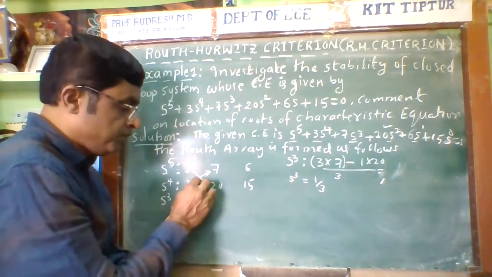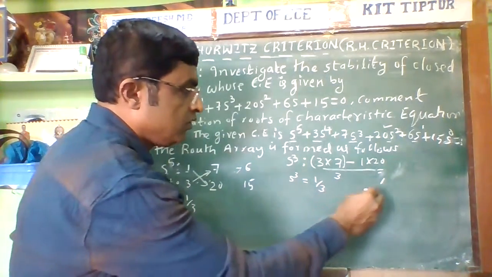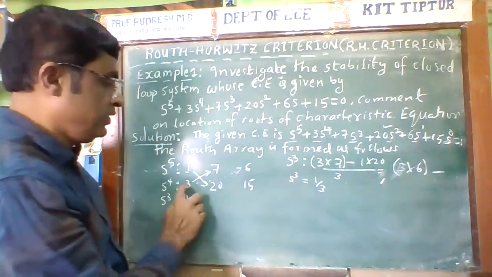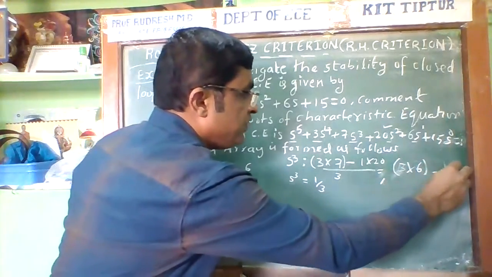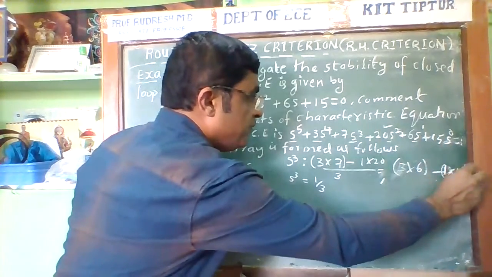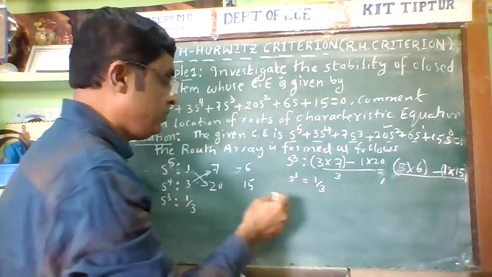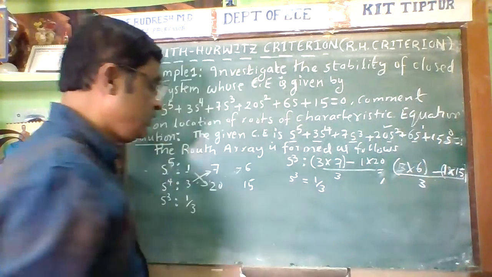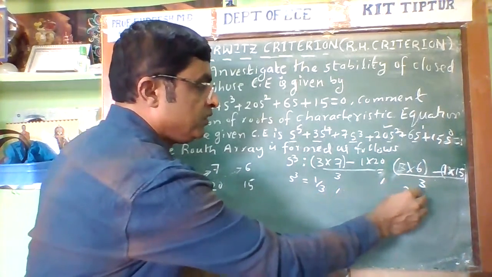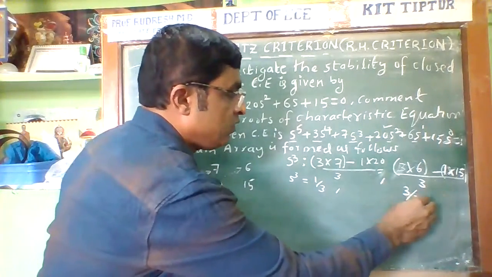The next element can be obtained by multiplying 3 into 6. So the next element is 3 into 6 minus 1 into 15, divided by the 3 itself. Therefore the value is equal to 3 by 3, which is equal to 1.